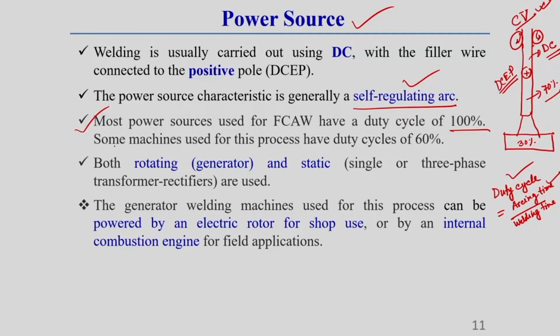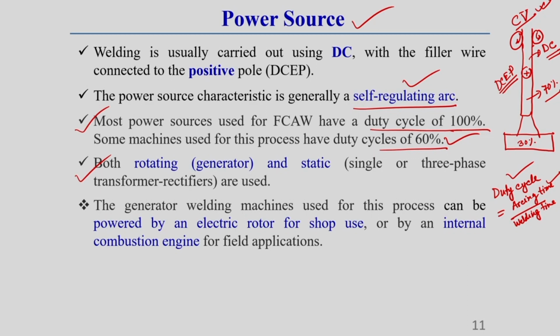Some machines have a duty cycle of the order of 60%. That means if your welding time is 10 minutes, out of 10 minutes 6 minutes is used for arcing, then your duty cycle will be 60%. Okay. This power source can be rotating type and it can be static type.